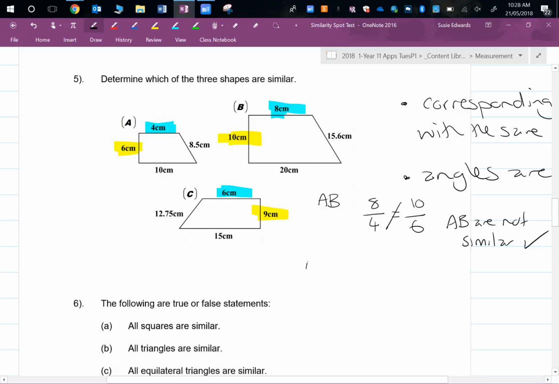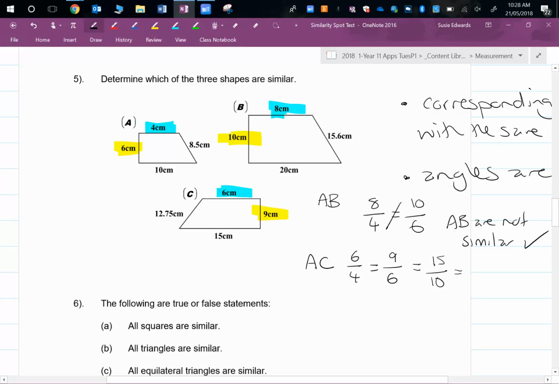If we then look at A and C, 6 divided by 4, is it the same as 9 divided by 6? So I'm going the blue and the yellow. Is it the same? Yes. Now if I try another one, A and C, 15 divided by 10, is it the same?